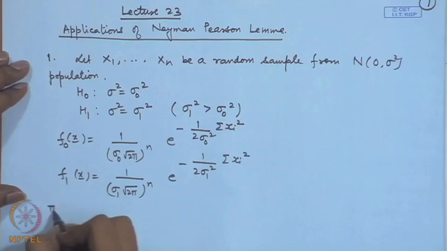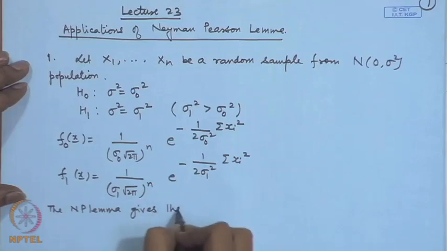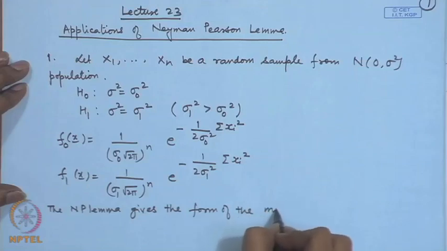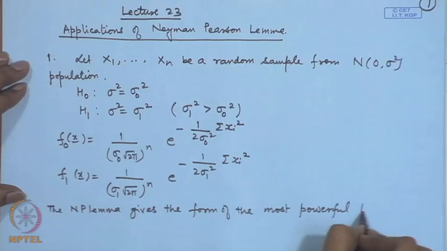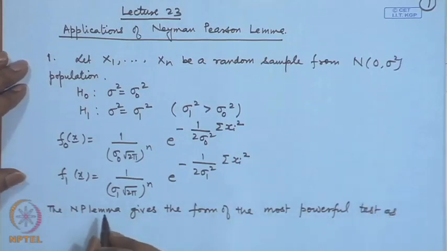Now, the Neyman-Pearson lemma gives the form of the most powerful test. This is a continuous distribution.